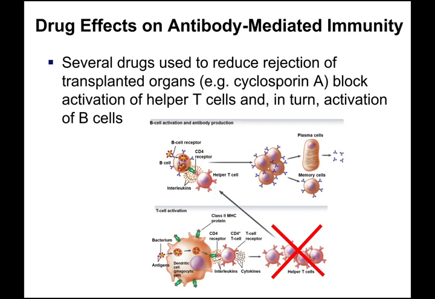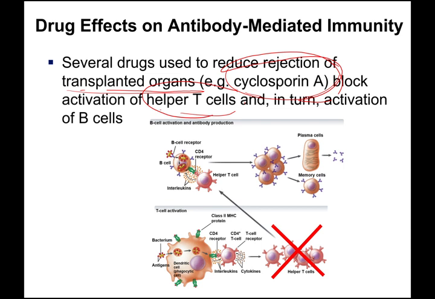Now, there are drugs that do affect this antibody-mediated pathway. One example is cyclosporin A, a drug that is used before a person undergoes transplantation. You want to suppress the immune system, and exactly the way they do it is by blocking the activation of the helper T cells.